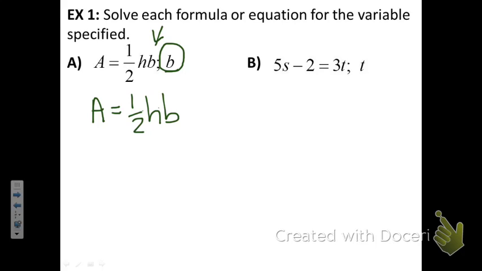Because they're attached by multiplication, that's what those little dots are, then we want to do the opposite of multiplication, which is dividing. However, when we have that fraction, if you see we have that 1/2, we want to get rid of it, and I like to use our math swear word. That's our flippin' times. So we're going to take the 1/2 and multiply both sides by its reciprocal.